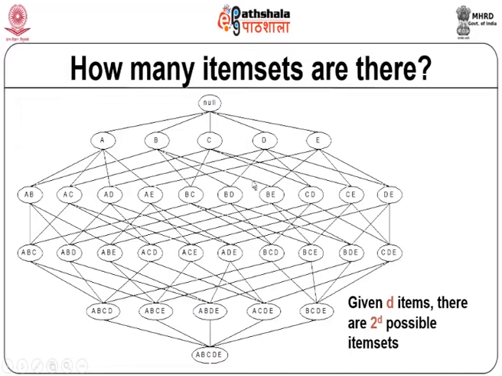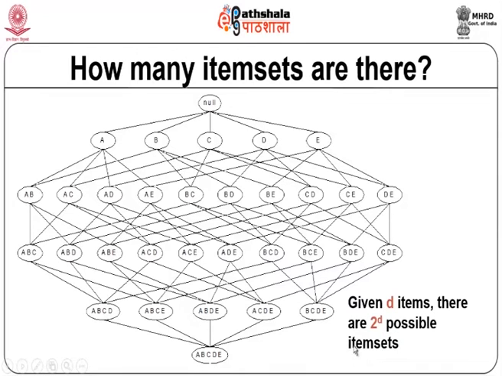So, the number of items and the combinations actually determines how complex an algorithm will be which is used for generating item sets and association between those item sets. Here, when you have D items, then there would be 2 to the power of D possible item sets.